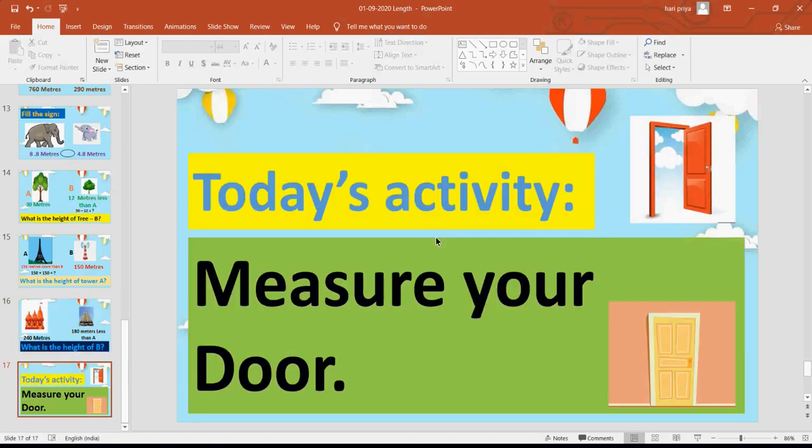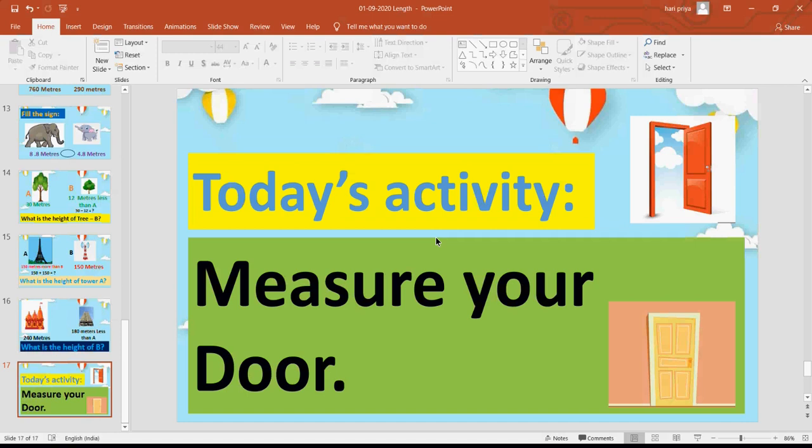Let me explain the activity also. Today's activity is you will be measuring your door. Third period is also math, so at that time we can discuss yesterday's activity. At that time I will ask you what is the measurement of your dining table. We will discuss it in third period. Today's activity is you will be measuring your door.